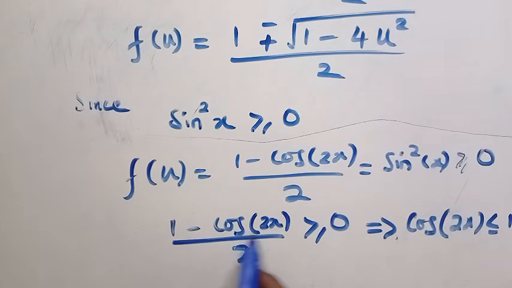We rearrange this, making cos 2x the subject, then we have cos 2x less than or equal to 1, which is always true. And if this is true, then we have to check for cos 2x as well. And since we have checked it and want it to be consistent, then we go for the positive one.